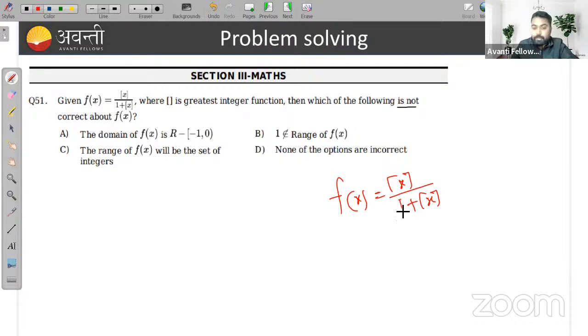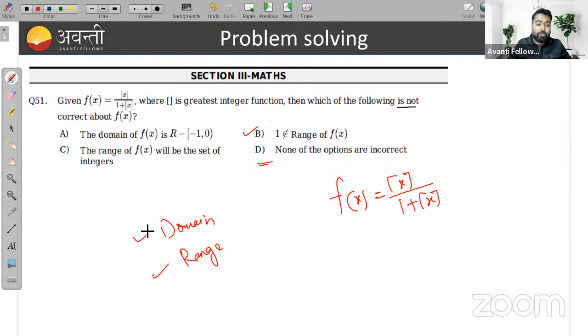So first we need to find the domain. Option B says that 1 does not belong to the range of the function f of x, so you need to find the range also. Option C says the range of f of x will be the set of integers. Option D says none of the options are incorrect.